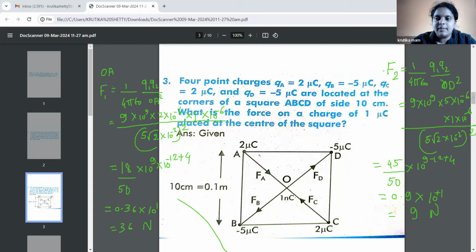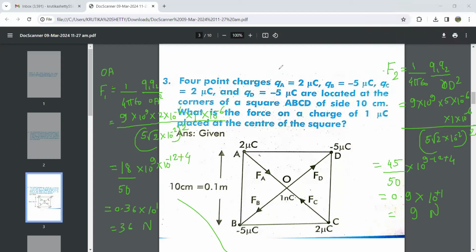And then next 10 to the power 9 is there. Minus 6 minus 12 becomes. Denominator minus 4 becomes, going up it becomes plus 4. So 9 plus 4 is nothing but 13. 13 minus 12 is plus 1. So 45 divided by 50 you will get it as 0.9. So 0.9 into 10 is 9. Yes or no?